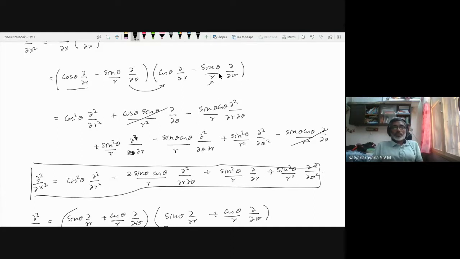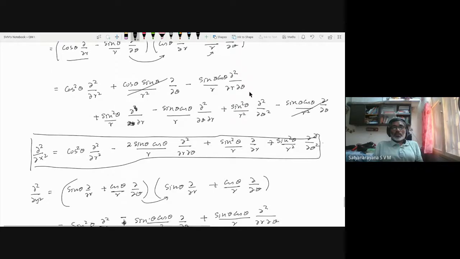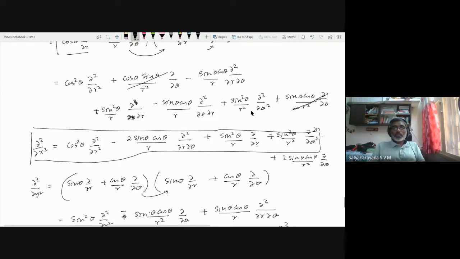Oh, sorry. So this is also plus here. So this is also plus. So this will not cancel. So there will be plus 2 sine theta cos theta by r square into dou by dou theta. That term will also be there.